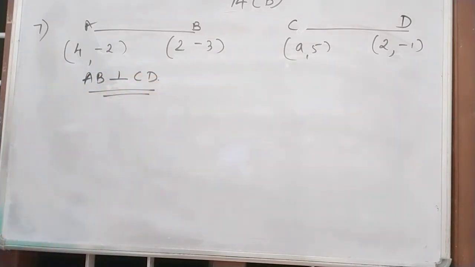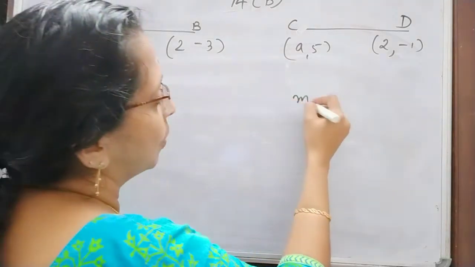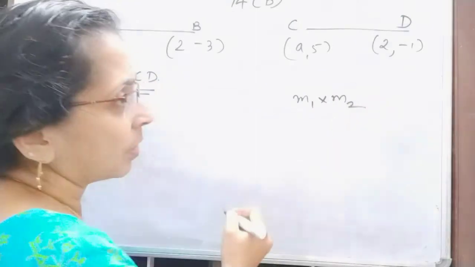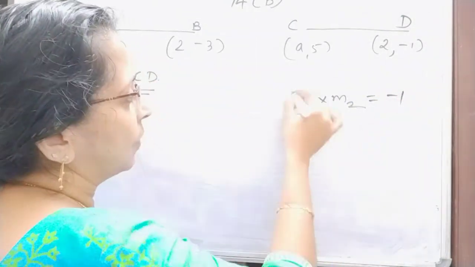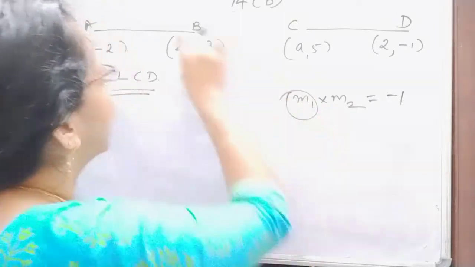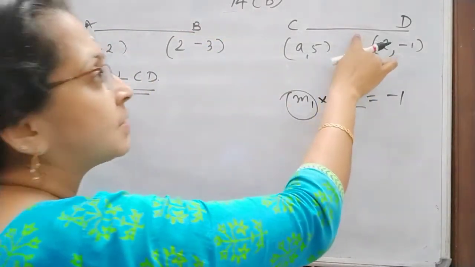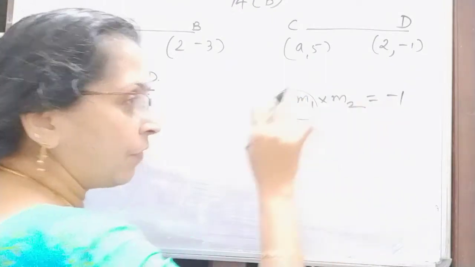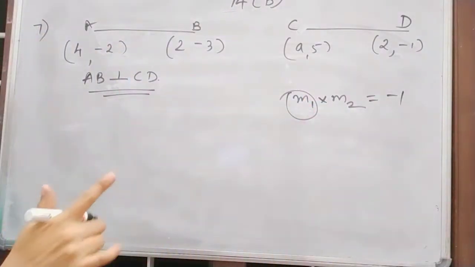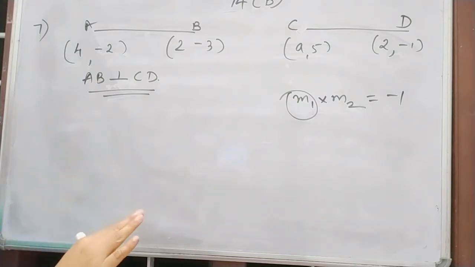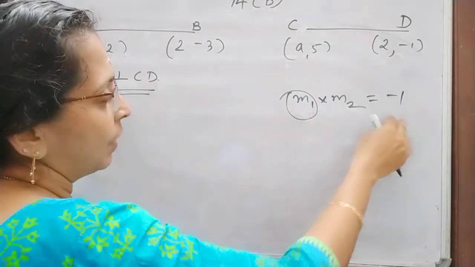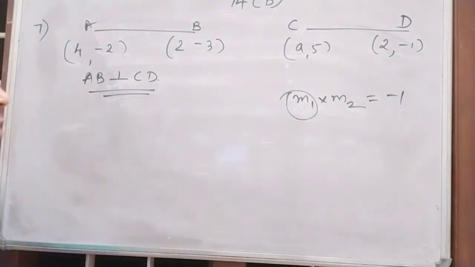So if these two lines are perpendicular, then the product of their slopes will be negative 1. So first we have to find the slope of the first one AB and the slope of the second. Given they are perpendicular, we can directly write that the product of slopes is negative 1. From there we can find the value of a.